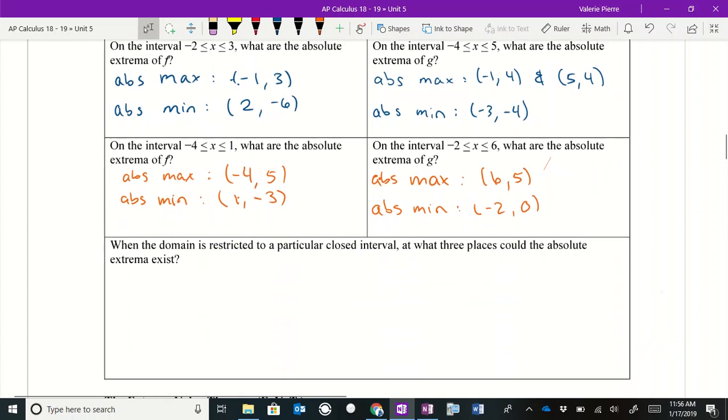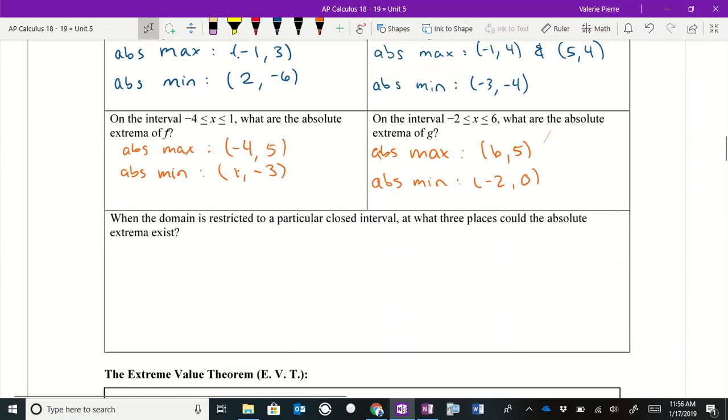Okay, so when the domain is restricted to a particular closed interval, at what 3 points could the absolute extrema exist?